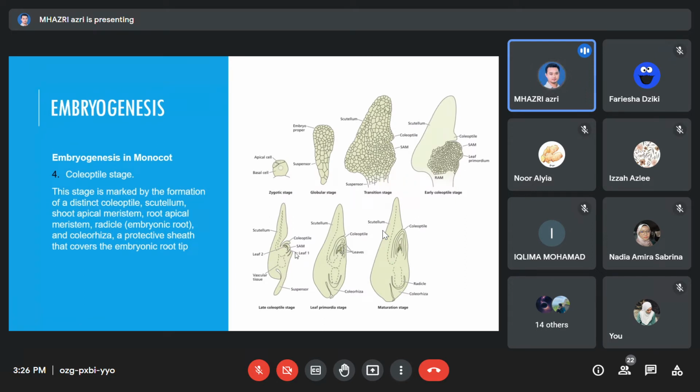Coleoptile stage. This stage is marked by the formation of a distinct coleoptile, scutellum, shoot apical meristem, root apical meristem, radicle, and also coleorhiza, the protective sheath that covers the embryonic roots.